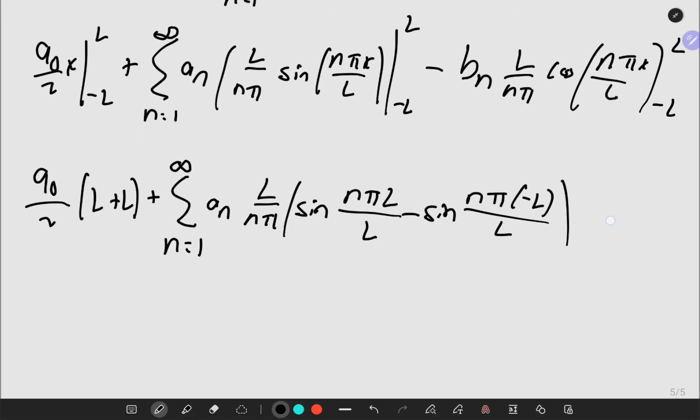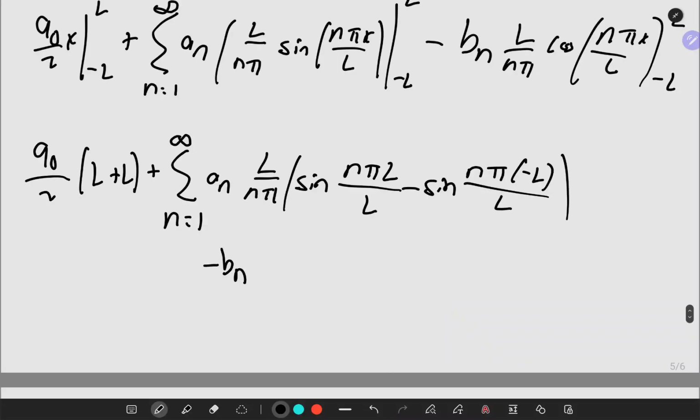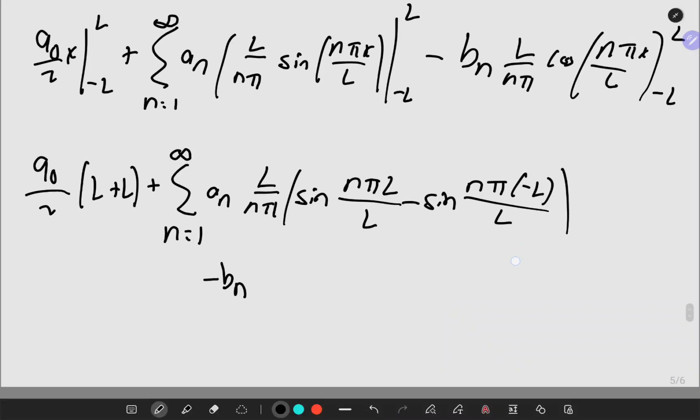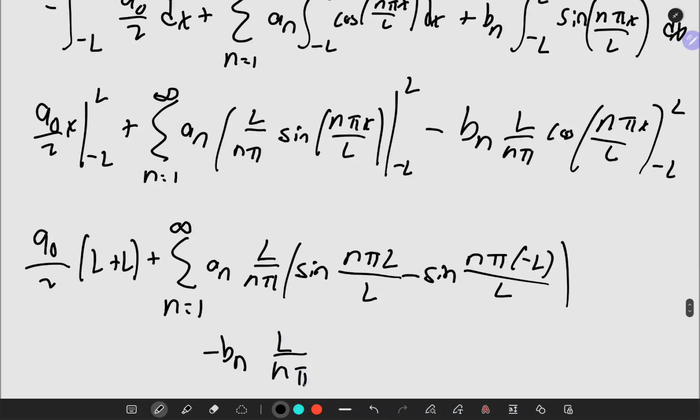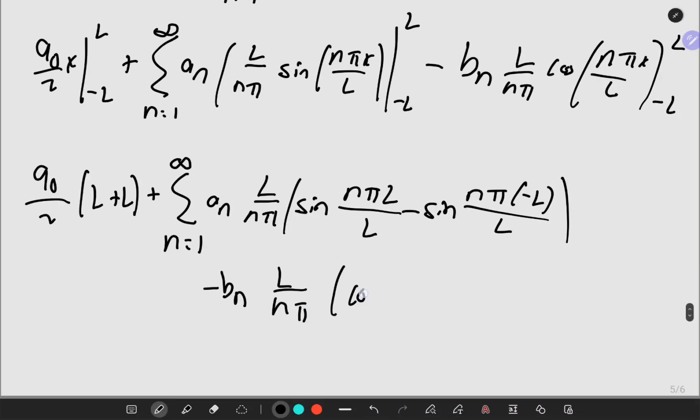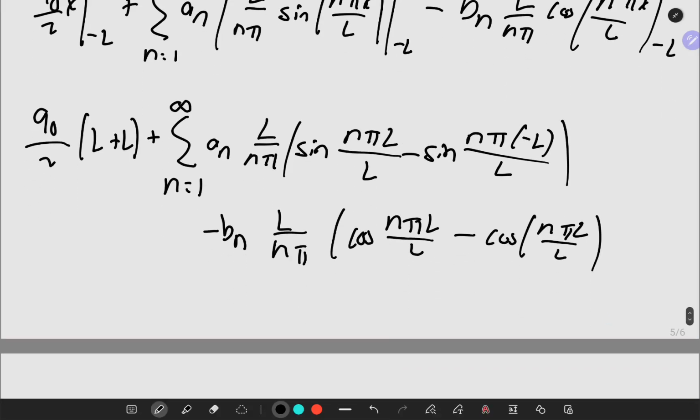Minus b sub n times L over n pi times cosine n pi L over L minus cosine of n pi negative L over L. I'm out of space, of course, but it doesn't matter anyway.